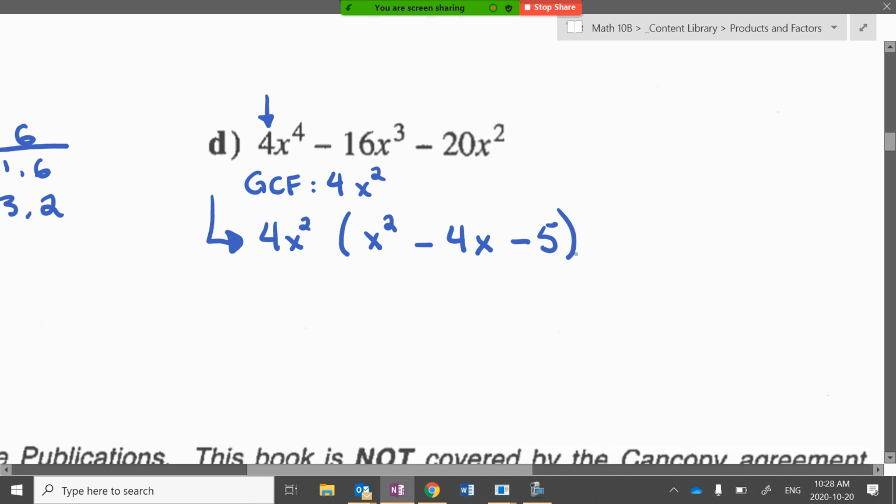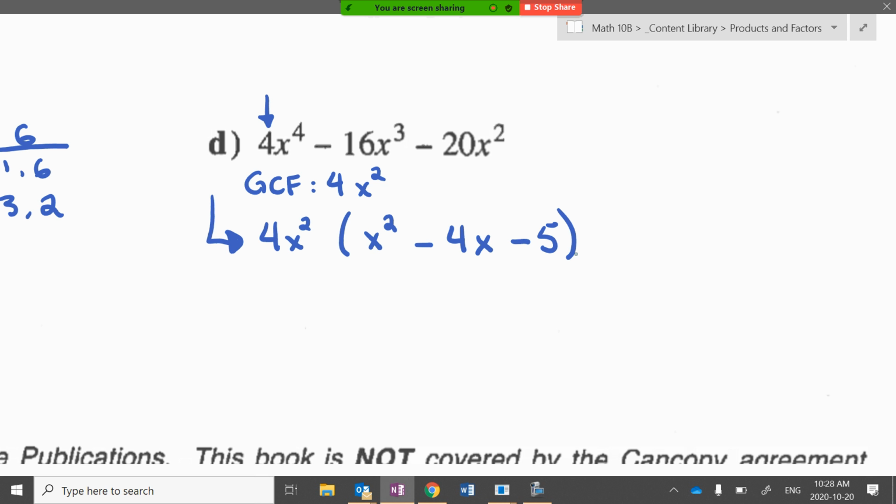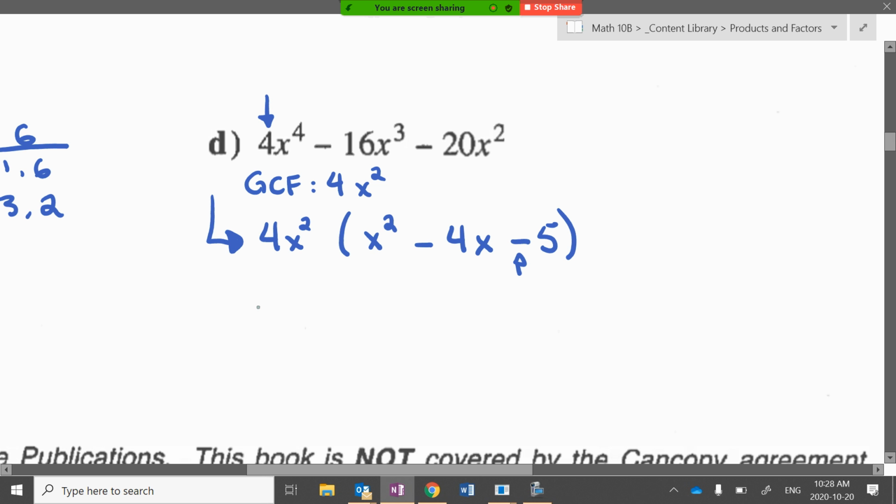Two numbers that multiply to 5 and add to 4. My final answer is negative, so I know when I look at my brackets, I'm going to have x minus something and then an x plus something.